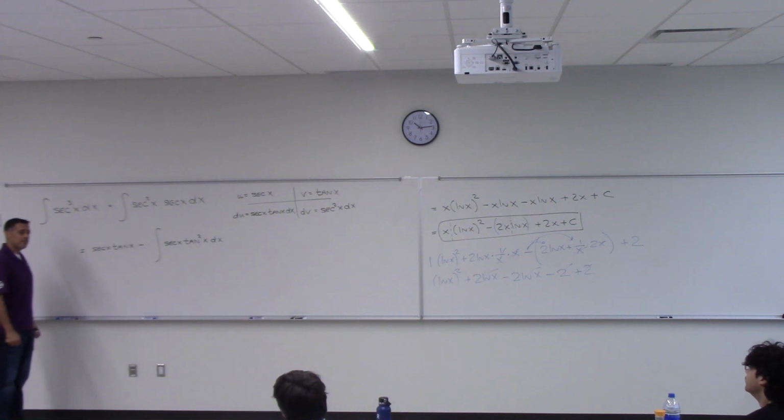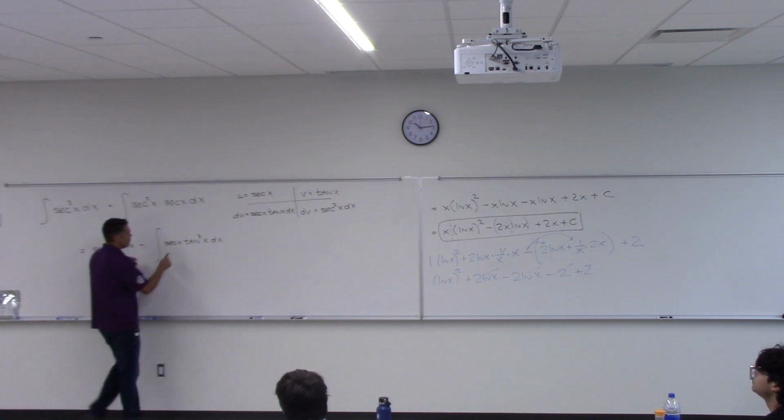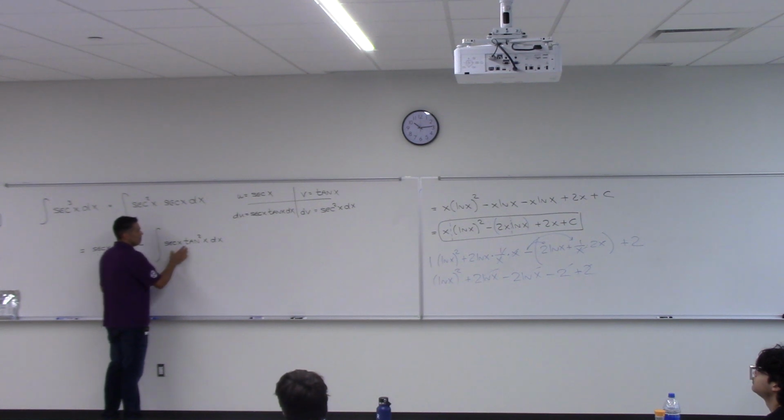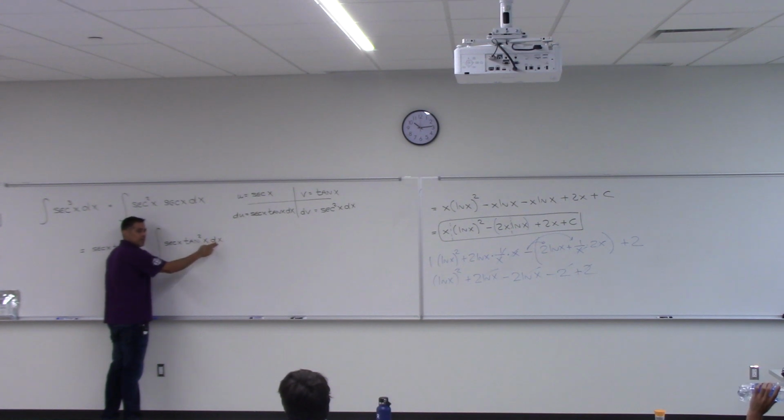Couldn't you split the tangent and do secant tangent, like the antiderivative of secant tangent, and then you, oh wait, no, because then you'd still be multiplying it. No, I think I could peel a tangent off and do secant tangent and then a separate tangent. I could do that, right?